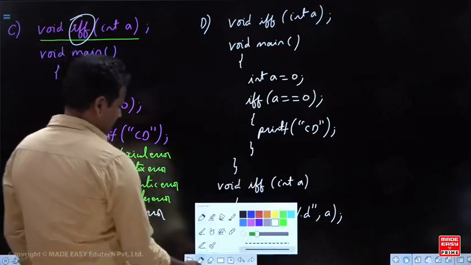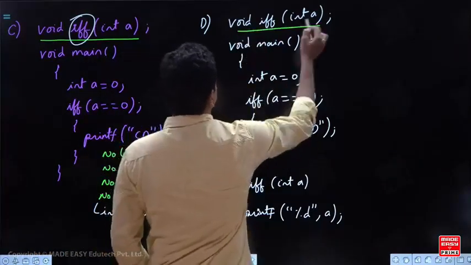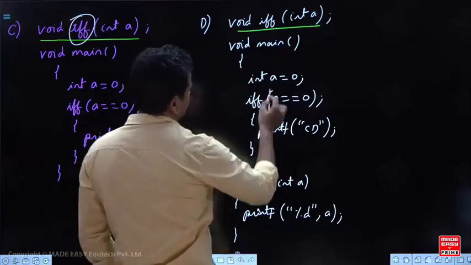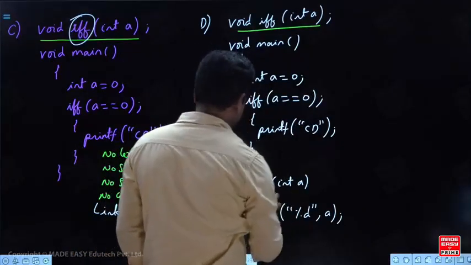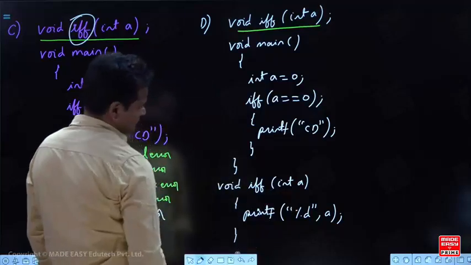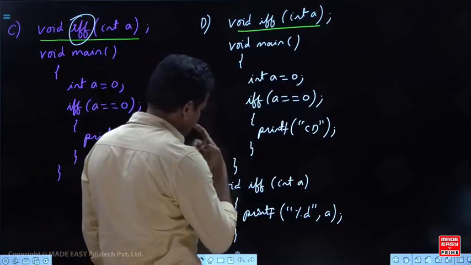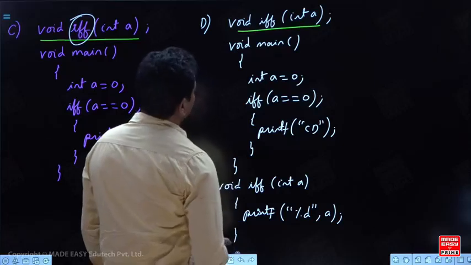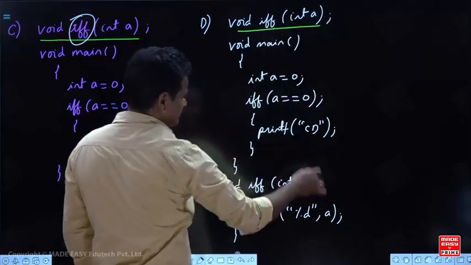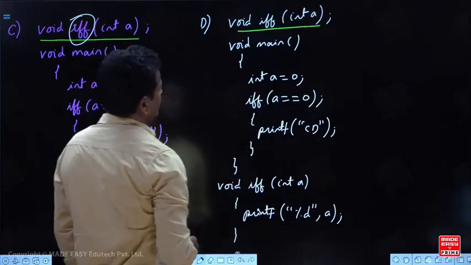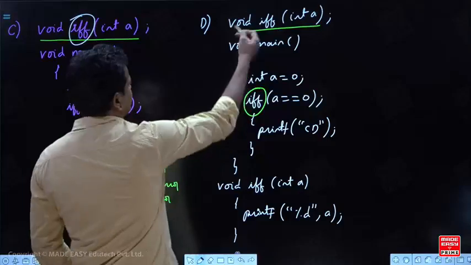Okay, now come to this one. Here the declaration is there and everything is perfect with the lexical analyzer, syntax is also perfect, and for semantic, before calling we have defined.